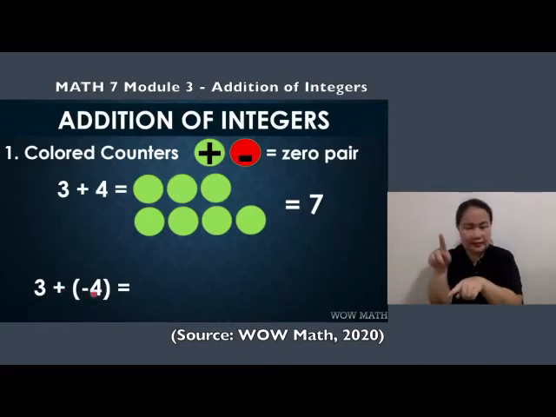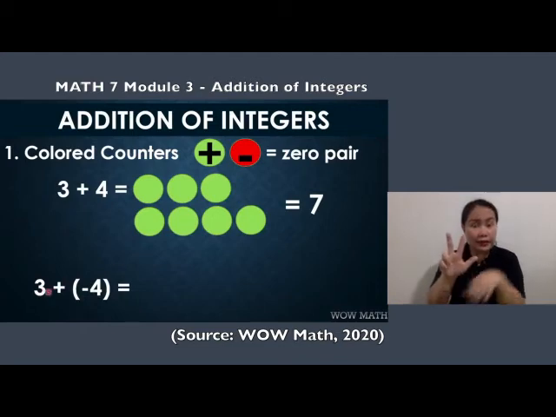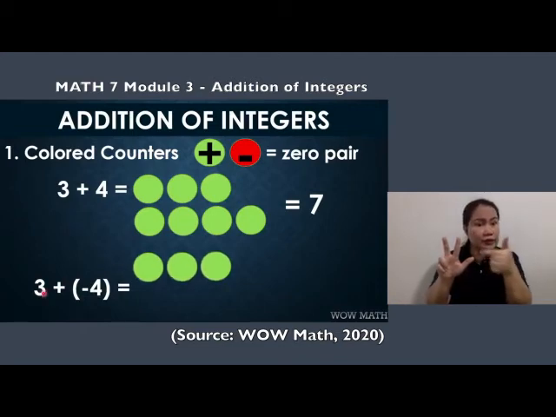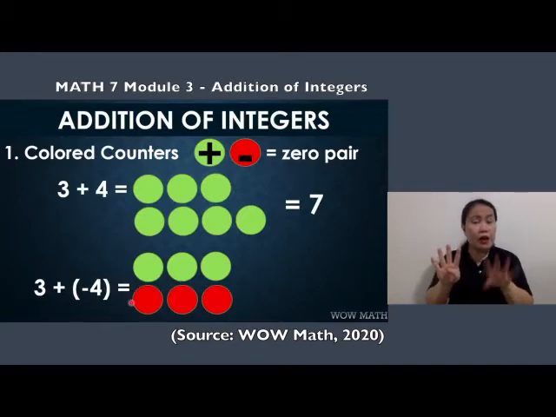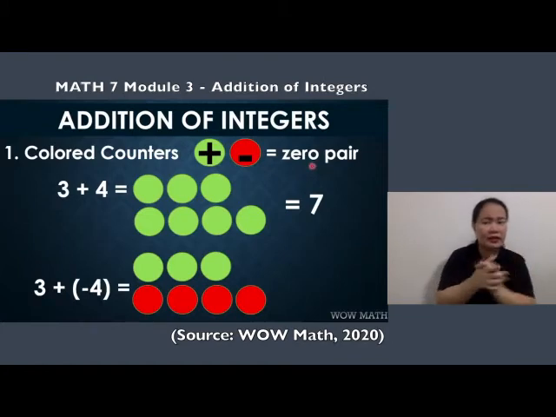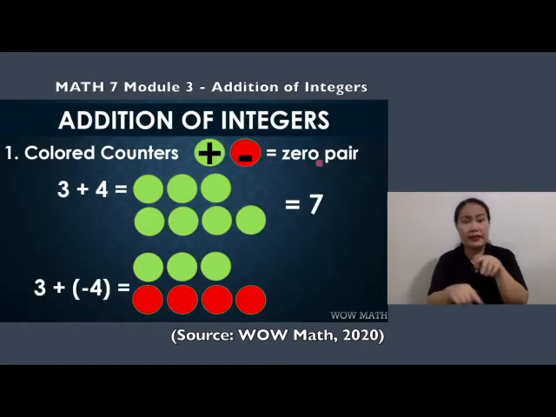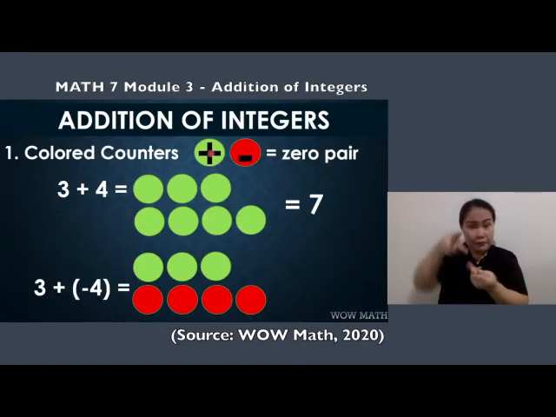Okay. Now, so I have 3 plus negative 4. So, this is positive. So, tatlong green tayo. This is negative 4. So, we will have apat na negative. Now, let us apply the zero pair. So, sabi ko nga, kapag zero pair, 1 positive, 1 negative.